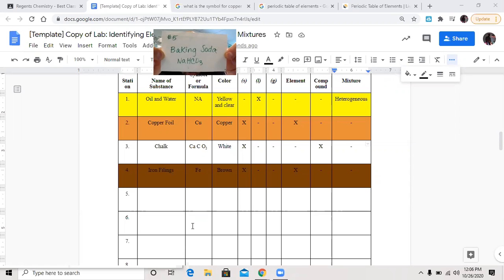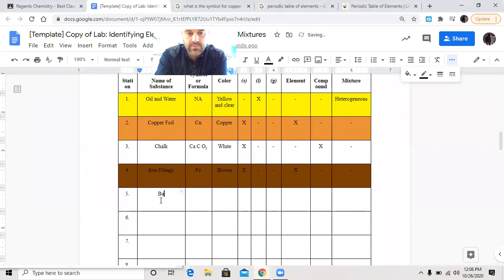NaHCO3. Baking soda. A lot of applications you could do with baking soda. It could be used as a cleaner at the house, for scrubbing, for cleaning teeth, laundry, neutralizing odors in the refrigerator.